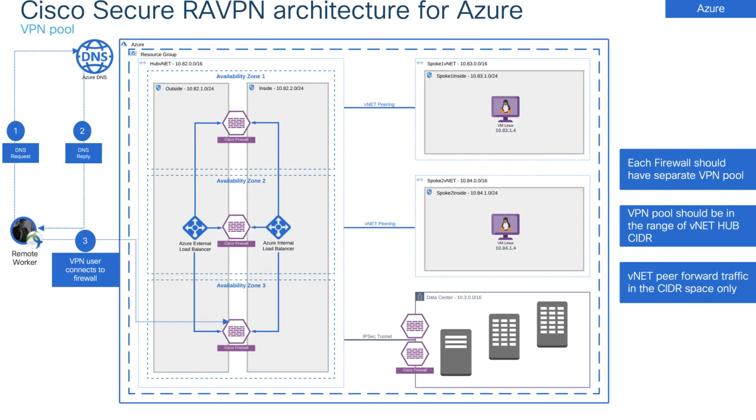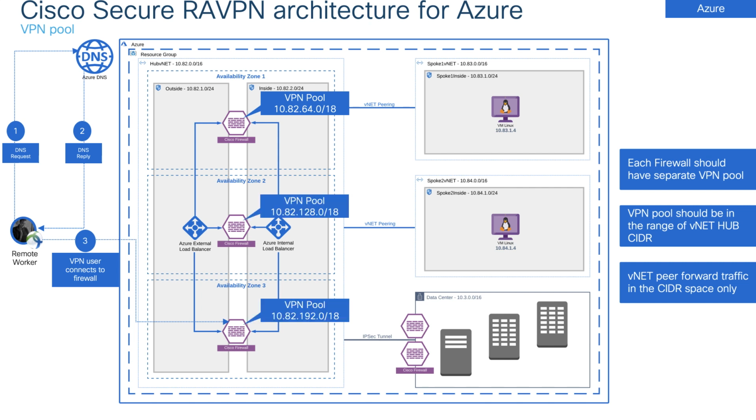Now the VPN pool is really important to understand here. You can see that I have defined a separate VPN pool for each firewall. The intention of defining a separate VPN pool is to have routing enabled in such a way that the respective VPN pool traffic points back to the same firewall.